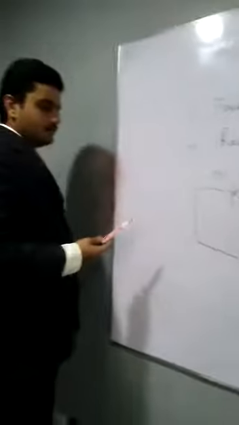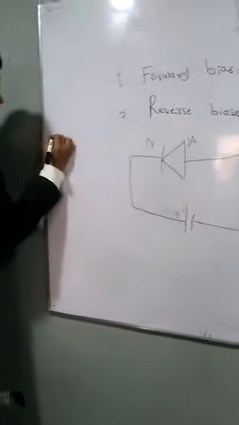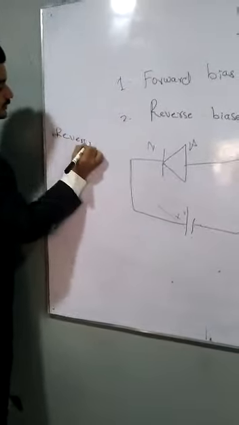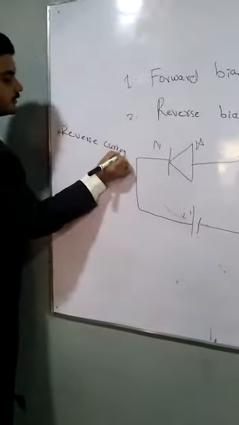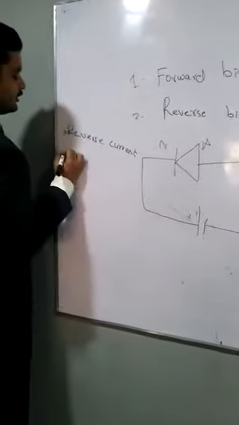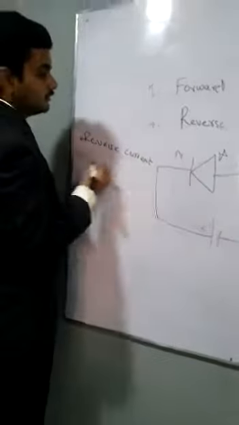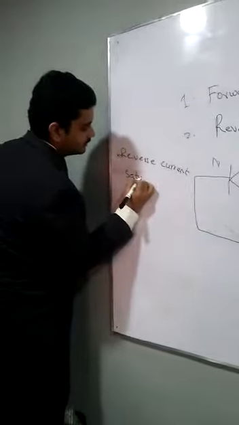The current that moves during reverse bias is the reverse current, and the current that moves during forward bias is the saturation current.